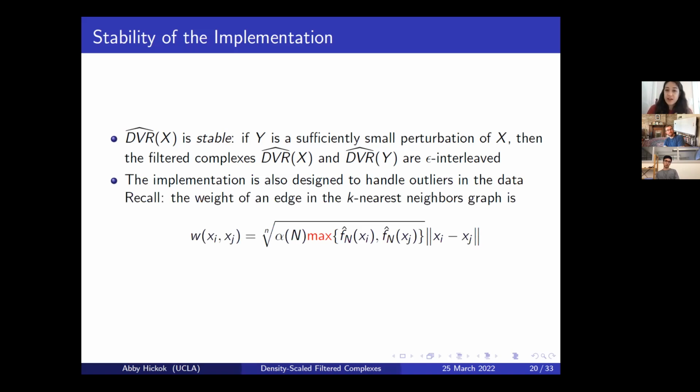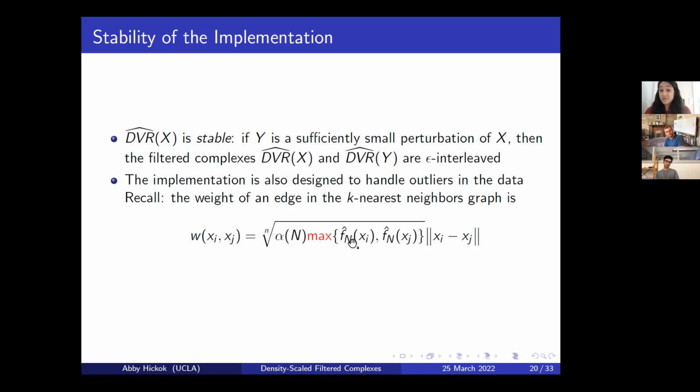The reason this doesn't happen is specifically because when I define the weight of an edge in that k-nearest neighbor graph, instead of using an average of the two estimated densities, I'm just using the maximum. So if, say, xi is an outlier, the density is very low here. It doesn't matter because we're using the maximum.